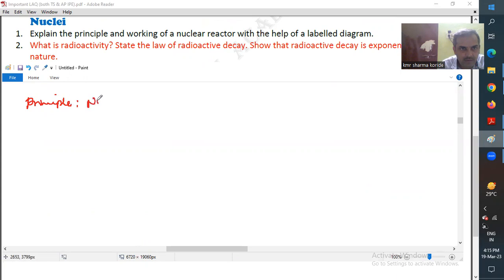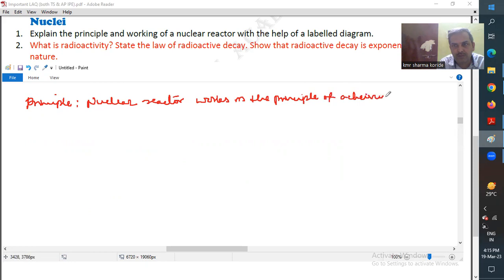The nuclear reactor works on the principle of achieving a controlled chain reaction in natural uranium.